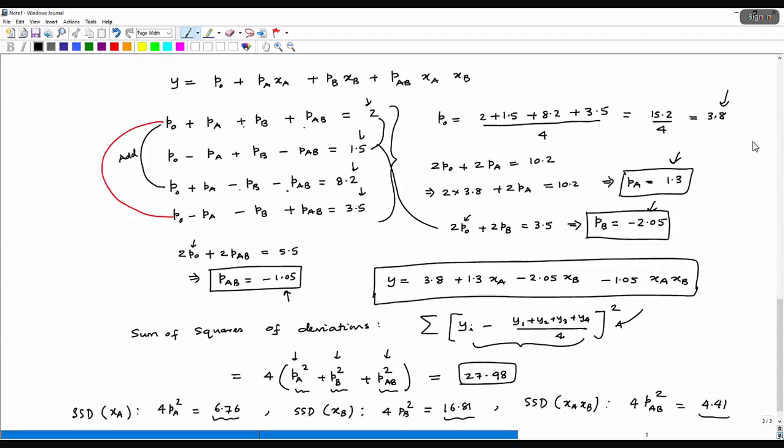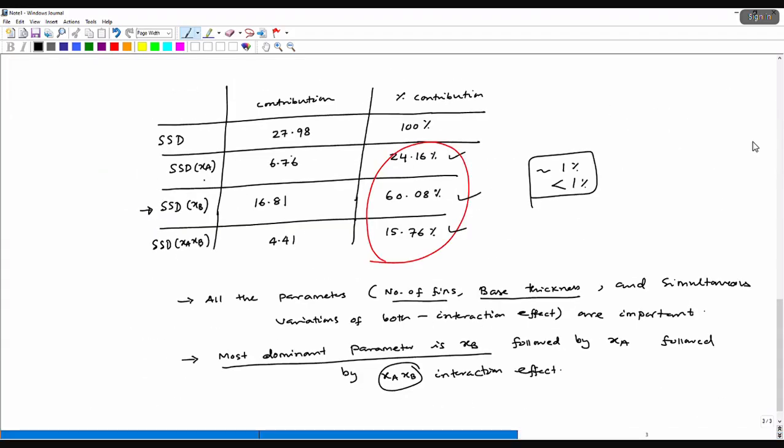But what is important is that when you find the sum square deviations, they have to be properly coded. Depending on your percentage contribution, you can identify the dominant parameters, less dominant parameters, and so on. Or something may not impact at all, and you can determine that also.